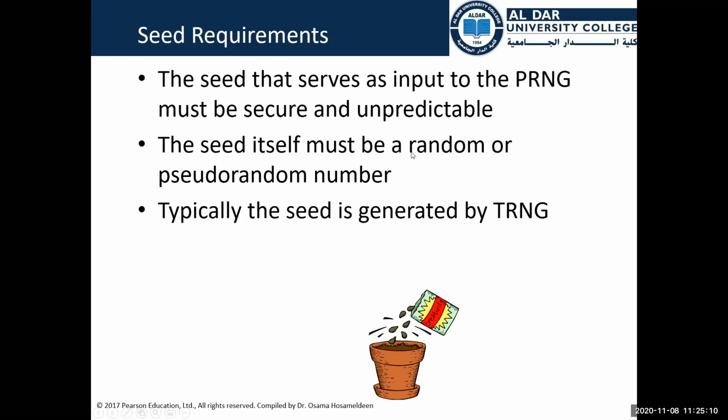And also the seed itself must be random. We have to make sure that nobody can guess the value of the seed. Nobody can guess it. And typically the seed is generated by a true random number generator, which depends on a natural or physical phenomenon.